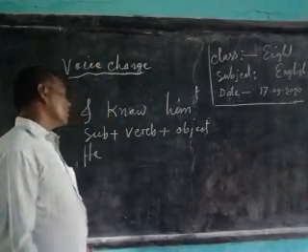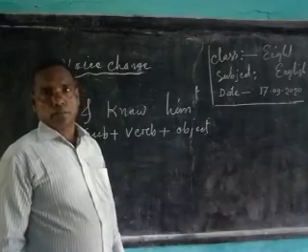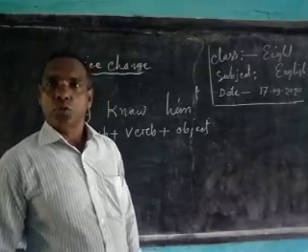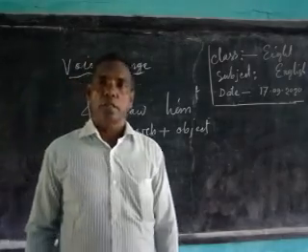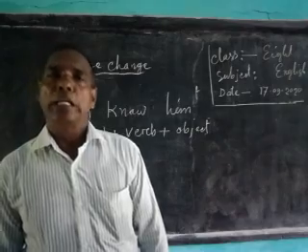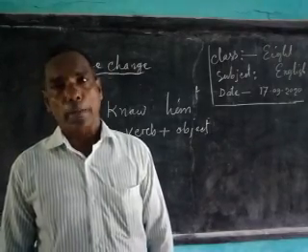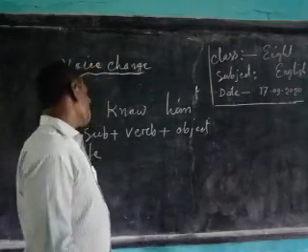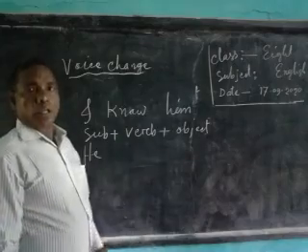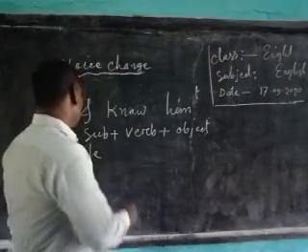As this sentence is present indefinite tense, the auxiliary verbs that are used are am, is, are, according to subject, according to number and person. Dear students, then you have to use the auxiliary verb is.